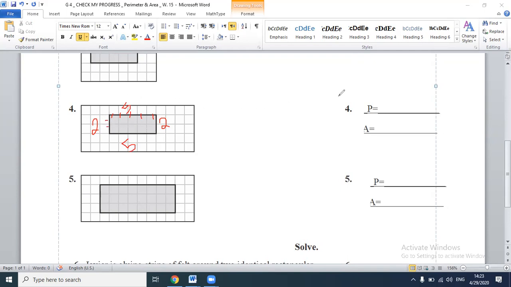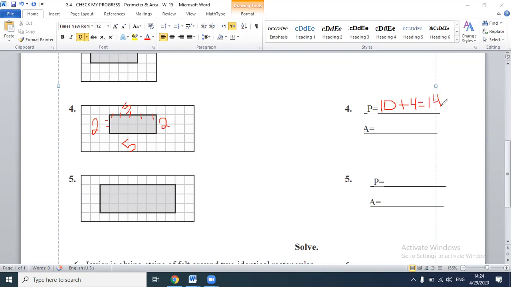To find its perimeter, it would be what? 12? No, Muhammad. Twice the length is 10. Twice the length, 5 times 2, is 10, plus twice the width, 2 times 2, equals 4. So 10 plus 4 equals 14.